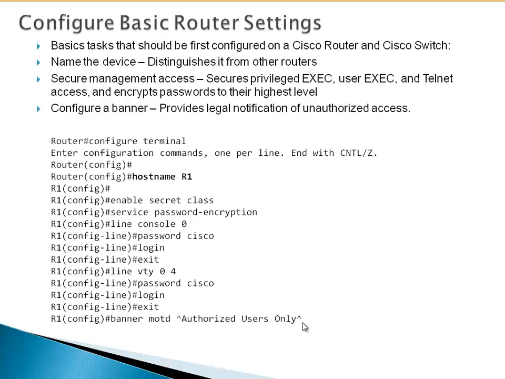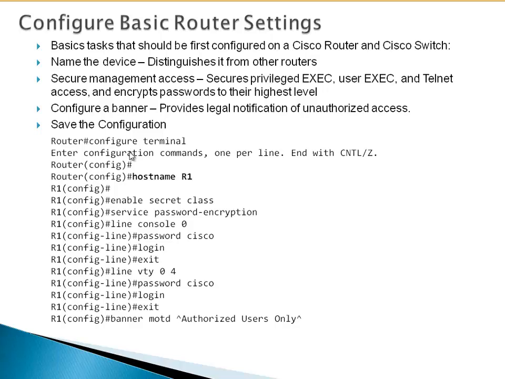When I see the same character, that's it, the banner is done. So don't use a starting character like a letter that's going to appear in the banner. For example, if your banner is just 'authorized users' and you used the letter O, there's another O in it. So try to use one character that's not going to appear in your banner.